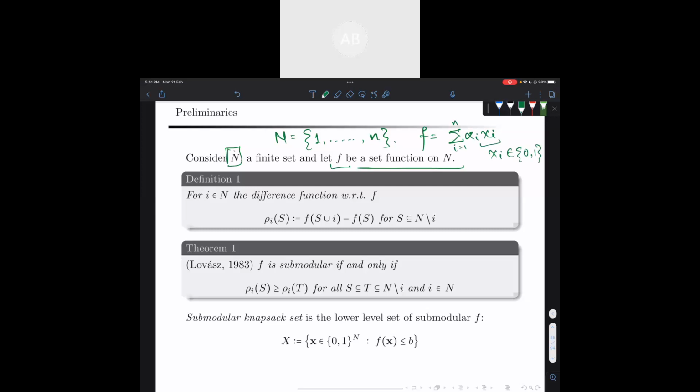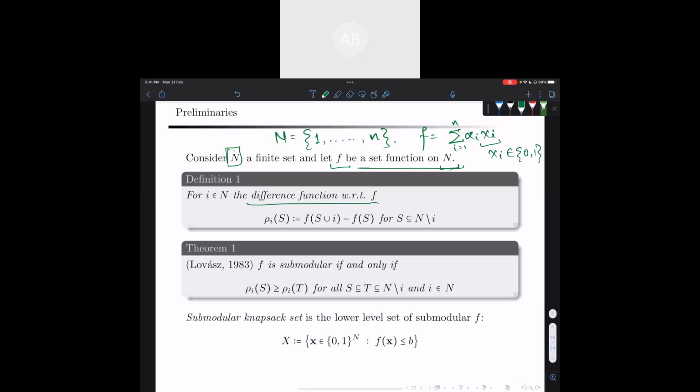So x, rather in this case, is just a characteristic vector of what choices of indices you choose.